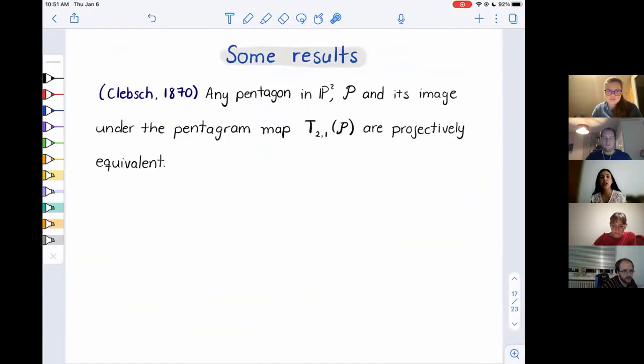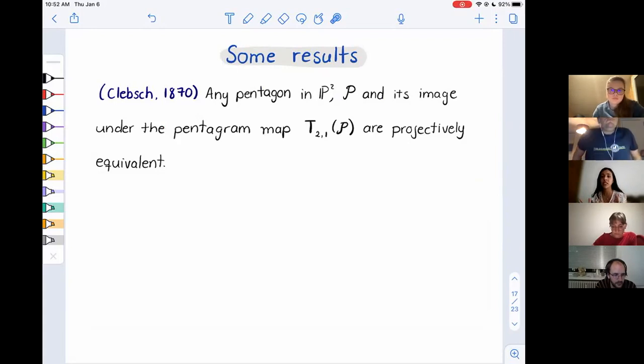Something that is known about the pentagram map, one of the very classic results, is the fact that if you have a pentagon, then when I look at the image under the pentagram map, that new polygon is projectively equivalent to the original polygon. So that means that the pentagram map is fixed for pentagons.